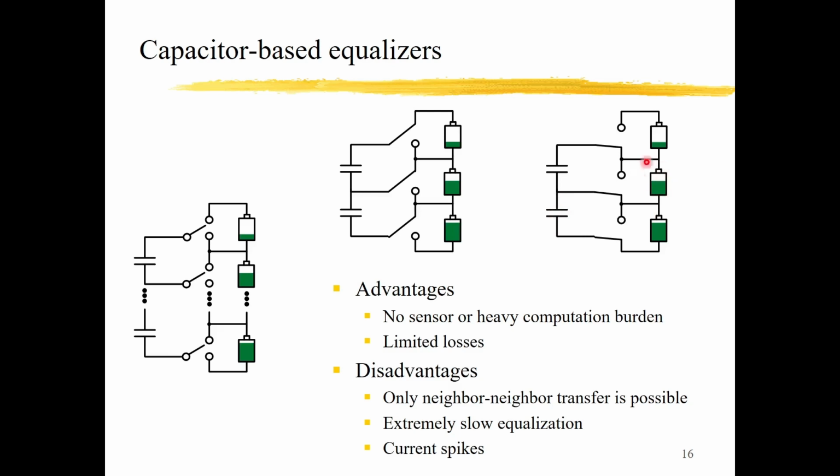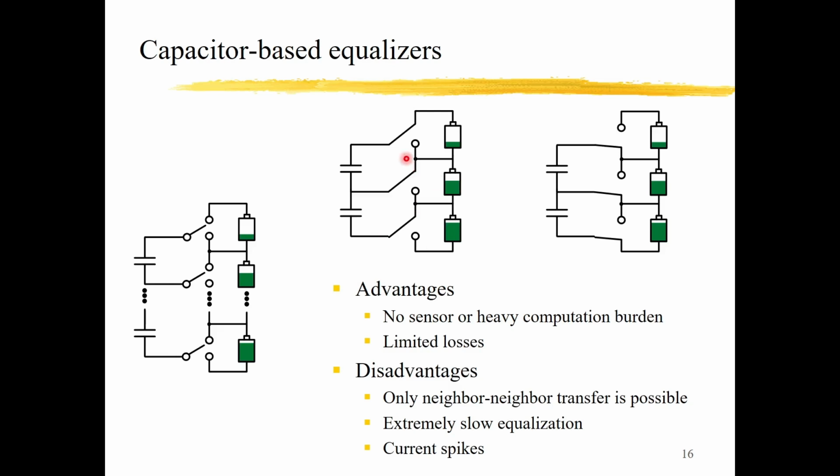So the battery cells will charge the capacitors in this state, and then the switches are connected to the upper terminals again. At this time, the capacitor voltage actually is higher than this one, so the energy will be transferred to this battery cell, and this energy will transfer to this battery cell. So by this way, it is very easy.